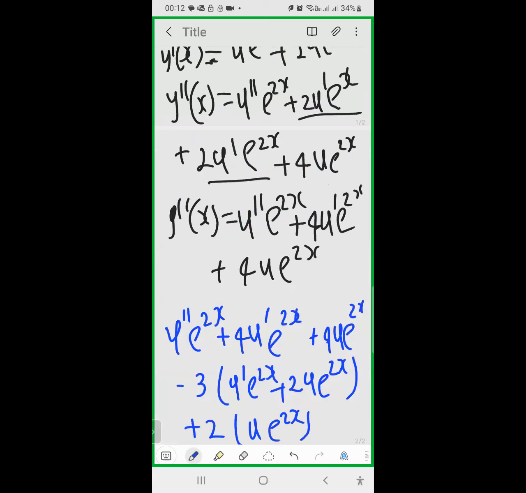Then this is equal to our f of x, which is 1 over 1 plus e to the power minus x.